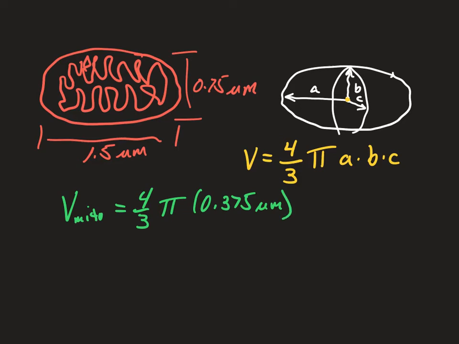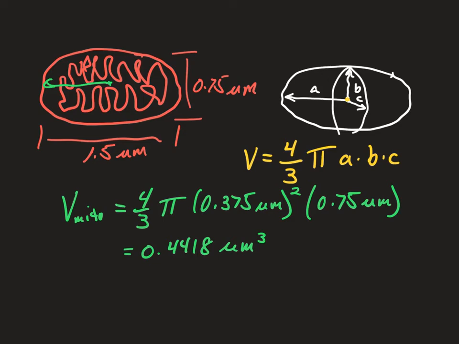And that's two of our distances, so that's squared, times 0.75 micrometers, half of the distance from center to the edge. And so you end up getting a volume of about 0.4418 cubic micrometers. And this is an estimate, so more than one significant figure is an exaggeration, but we'll go with it.